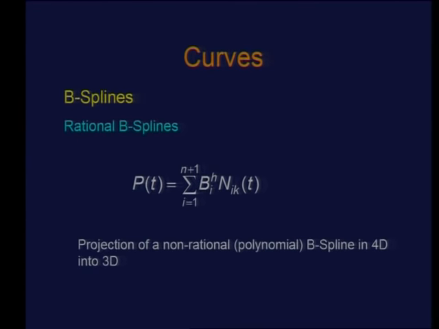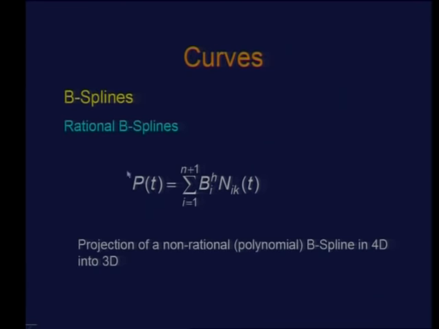So if I am trying to define a 3D curve, I am basically defining the curve using 4-dimensional coordinates, the last coordinate being the homogeneous part of the coordinate. That is, let us say I put this h here, that is for the homogeneous coordinate.